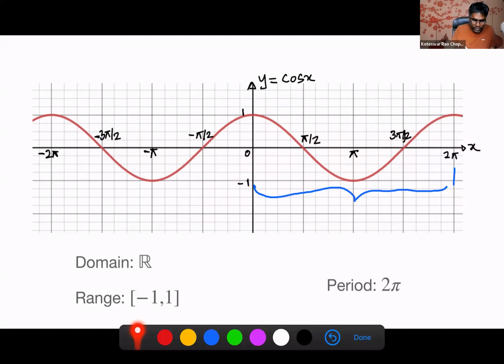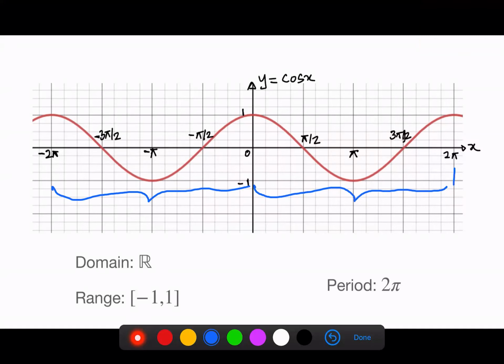You can see that here. I have only 2 cycles given here. For every 2 pi radians, this gets repeated. Are we okay, guys? Yes. Any questions here?